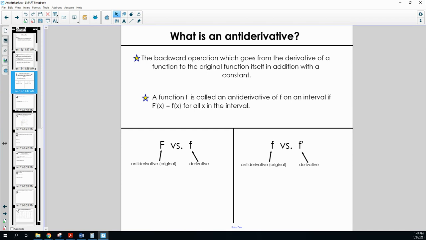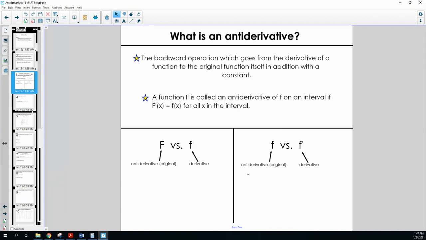So a function big F is called an antiderivative of little f on an interval if big F prime of x is equal to little f of x. There are two different notations that you might see, and I have them written out for you here. Sometimes we use a capital F to mean the antiderivative or the original function, and a little f to indicate the derivative.